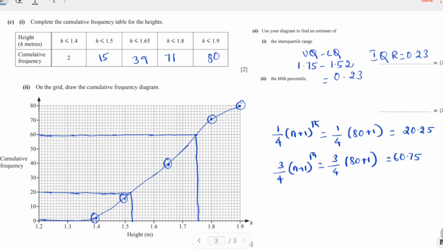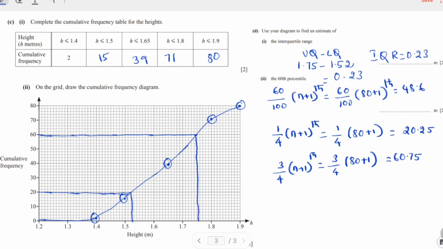Now we have to find the 60th percentile. The 60th percentile is nothing but the 60 by 100 of n plus 1th value on the axis. Here n is 80, so 60 by 100 of 80 plus 1 will be 48.6.